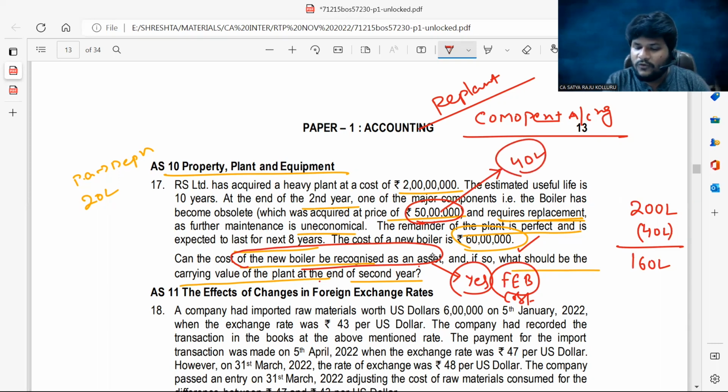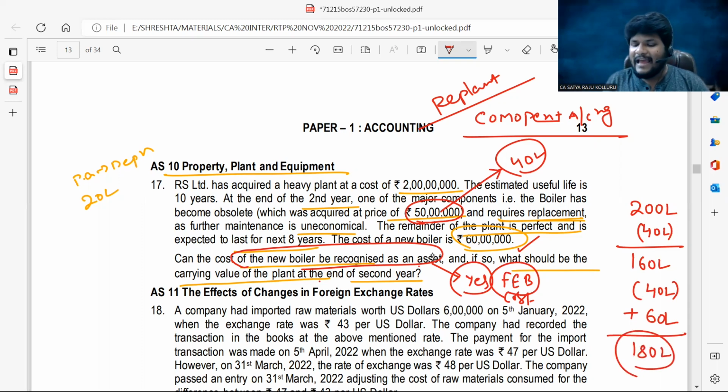Such 40 lakhs you need to derecognize, and you need to recognize the new purchase price, which was 60 lakhs. Now 180 lakhs is the new revised carrying amount. Am I right? Now, what is the question? And if so, what should be the carrying value of the plant at the end of the second year? The carrying value of the plant at the end of the second year was 180 lakhs.